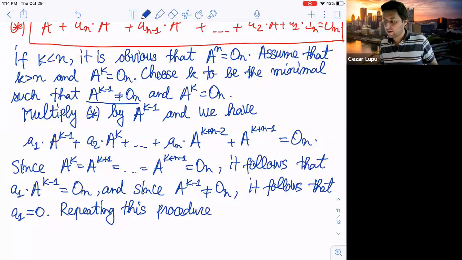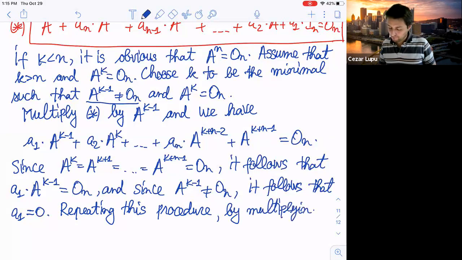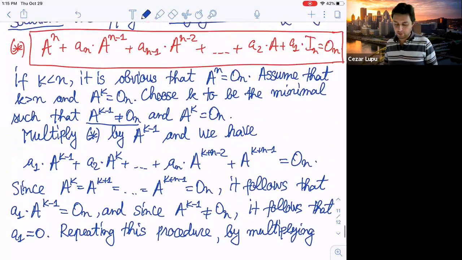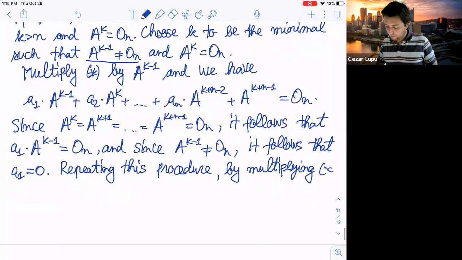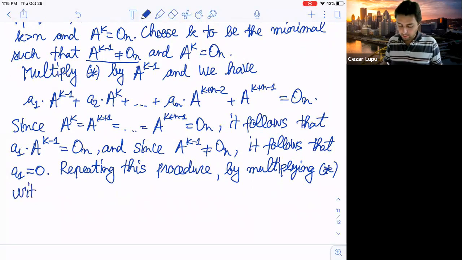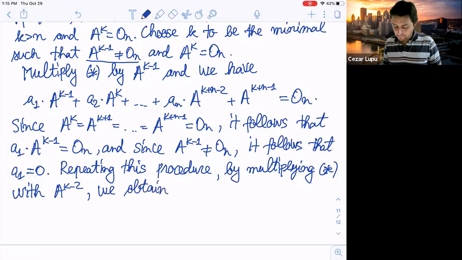let's say by multiplying star with, this time, a to the power k minus 2. We obtain a2 will be 0, and so on.